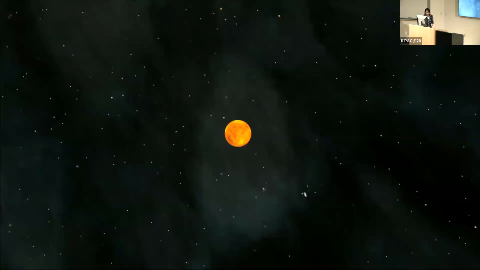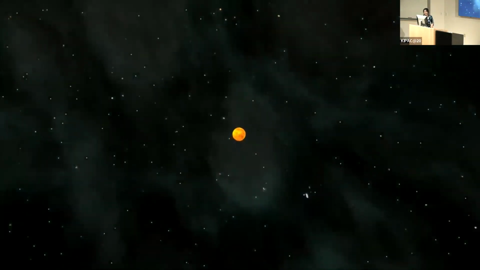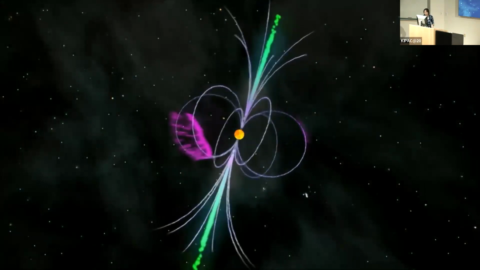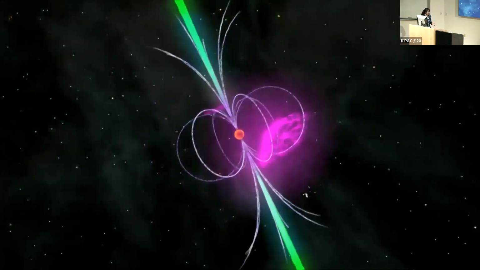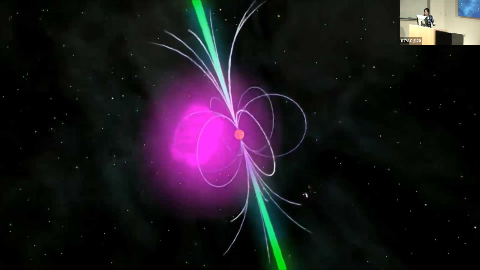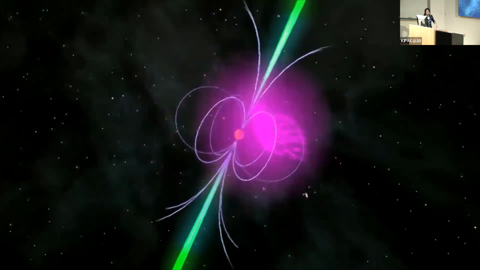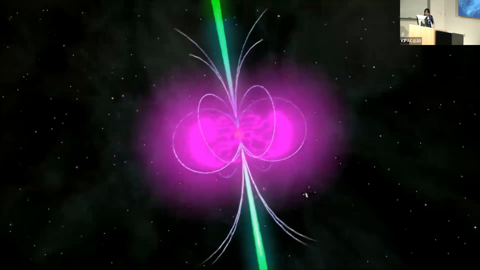So here's an animation of basically that happening. At the highest order, we can treat the neutron star as a magnetic dipole. Some of the field lines are closed, and others are forced to be open because they cross a boundary called the light cylinder radius, which is the radius at which, if you're co-rotating with the star, you're moving at the velocity of light.